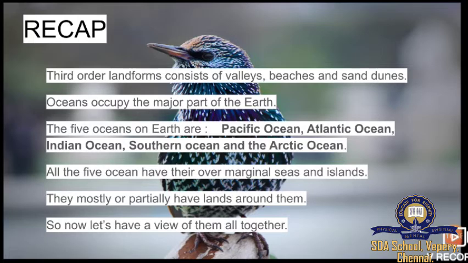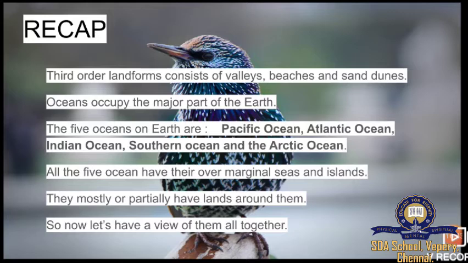Secondly, we saw that oceans occupy the major part of the earth, and we also saw the 5 major oceans, that is the Pacific Ocean, Atlantic Ocean, Indian Ocean, Southern Ocean and the Arctic Ocean. So all 5 oceans have their own marginal seas and islands.